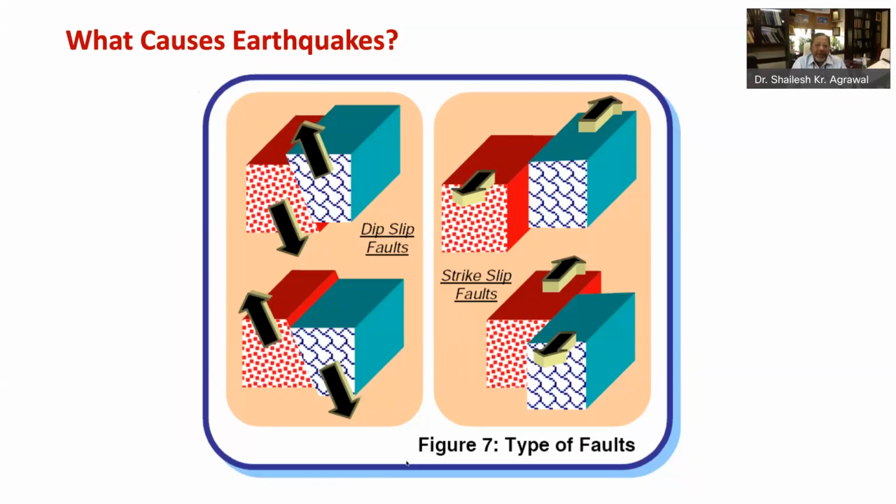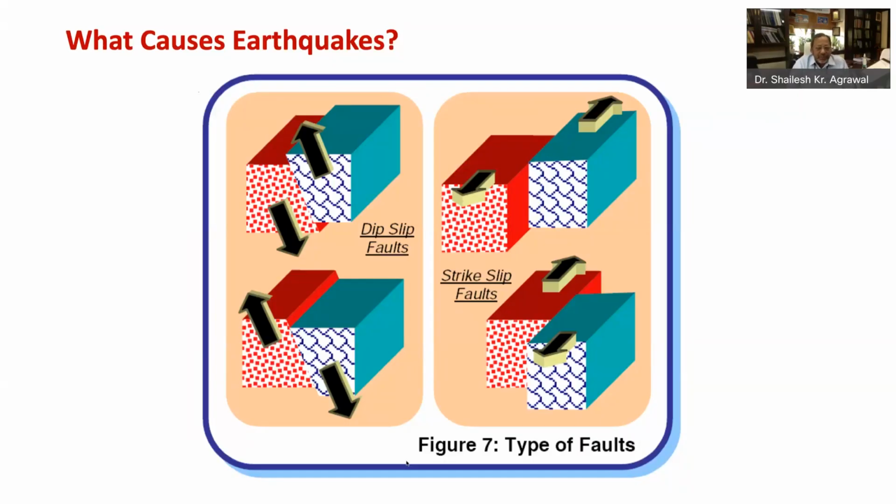For example, the 1897 Assam India earthquake was interplate earthquake. Number of earthquakes also occur within the plate, within the tectonic plate itself, away from plate boundaries. These are called intraplate earthquakes. For example, 1993 Latur, India earthquake was intraplate earthquake.